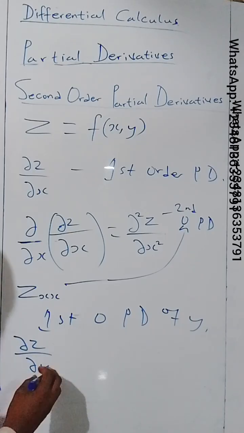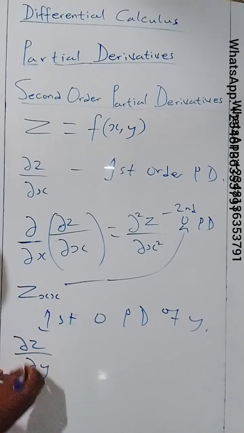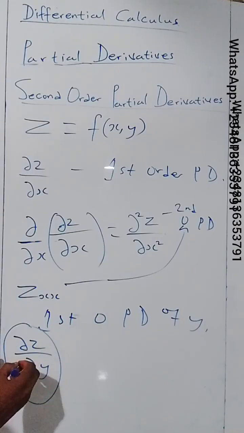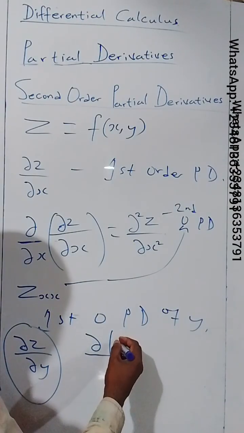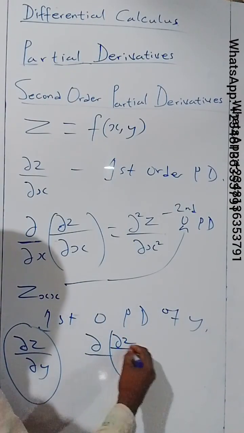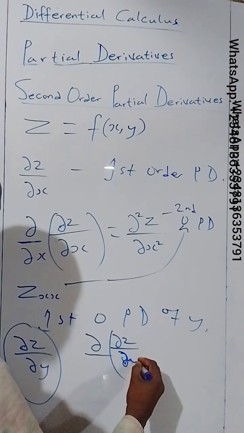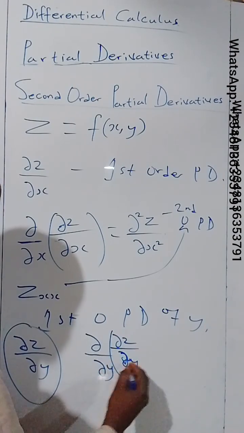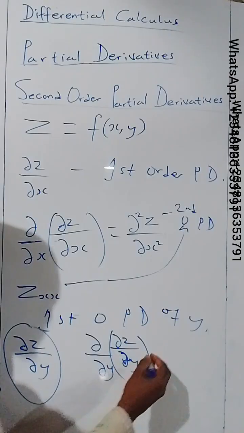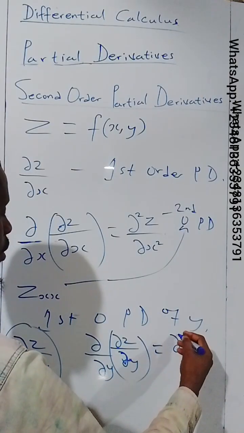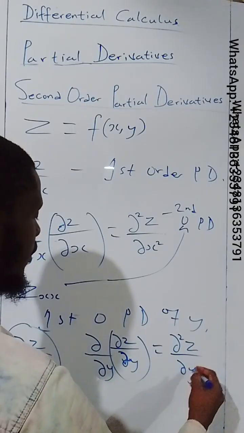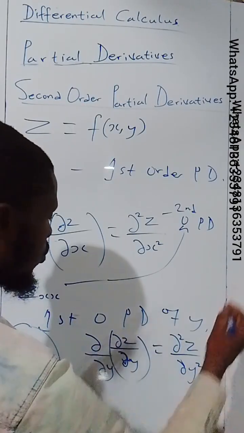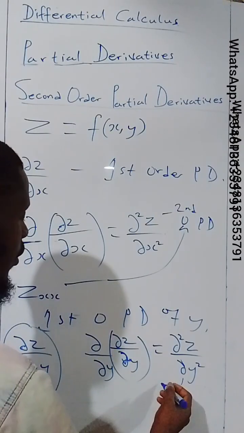Now if you want to find the second order partial derivative of this, I'm going to redifferentiate this partial derivative. So I'm going to have the partial derivative of partial z with respect to y, then with respect to y. This is equivalent to saying partial squared z divided by partial y squared. This is the second order partial derivative.